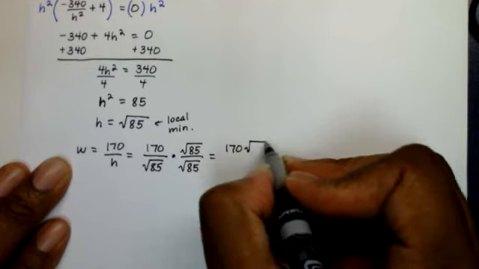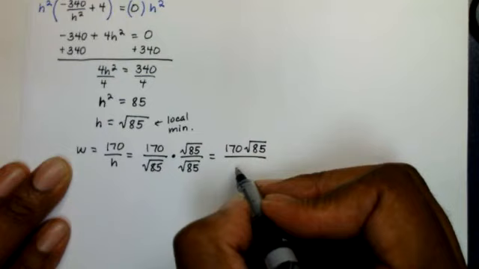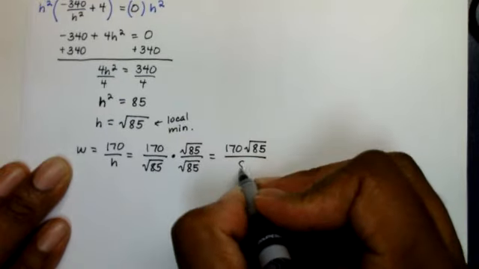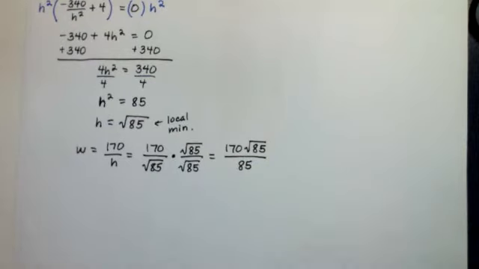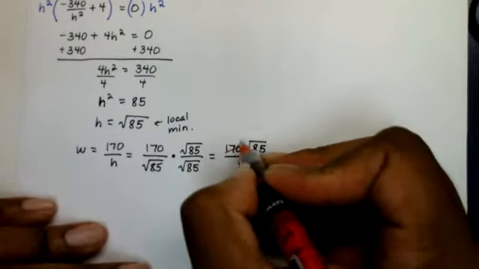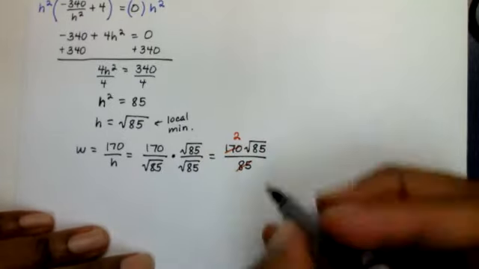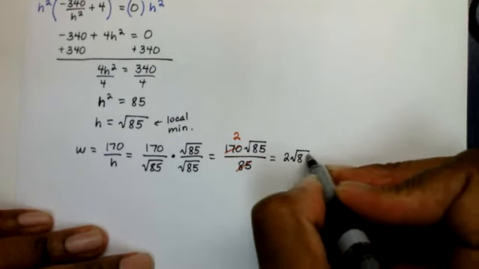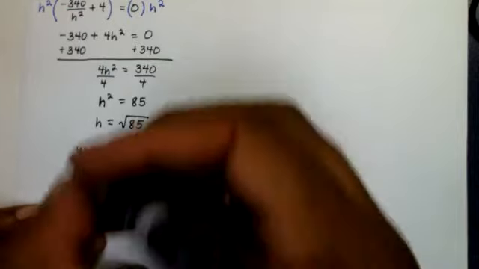So this is 170 times the square root of 85 over the square root of 85 times itself, which is 85. Then if I divide 85 into 170, that's going to go 2 times. So that means the width would be 2 times the square root of 85. And by the way, this is in meters.